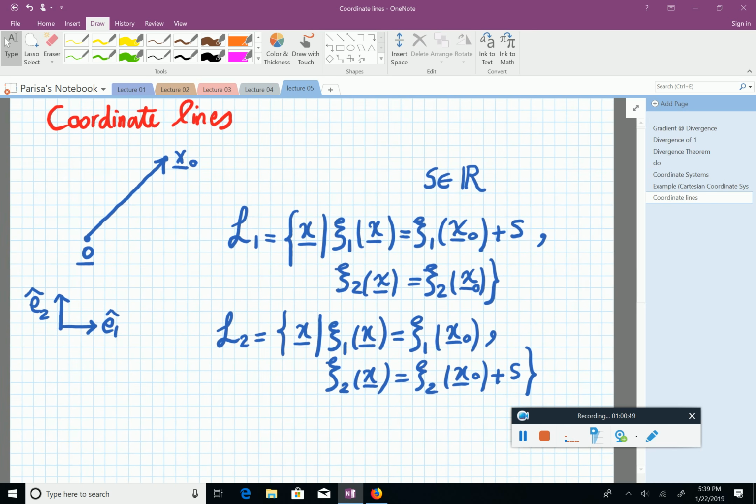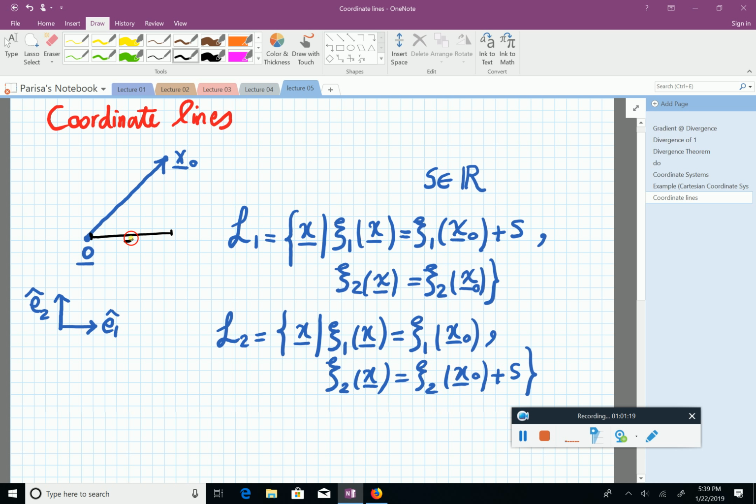Imagine you had never seen the Cartesian coordinate system before. You came from some other planet, right? You would take x naught O, and if you take the dot product with E1, you get a number which gives you the projection of this vector in the horizontal direction, right?